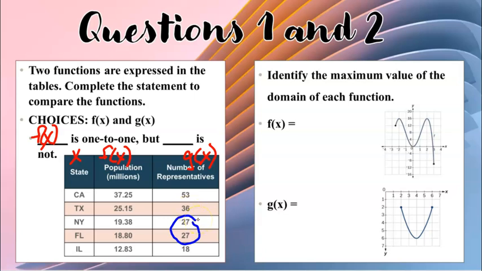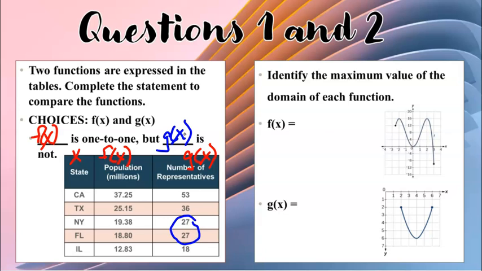I have 27 matched up with two different states. So a key here is to look at, do any of the numbers repeat? If any of the numbers repeat and they give you a different partner, then it's not one-to-one. So g of x is not a one-to-one function here.